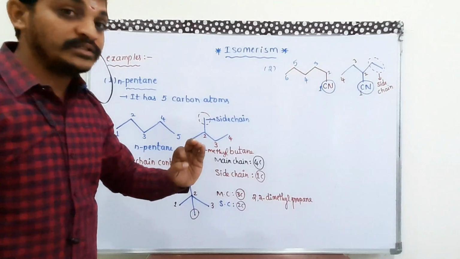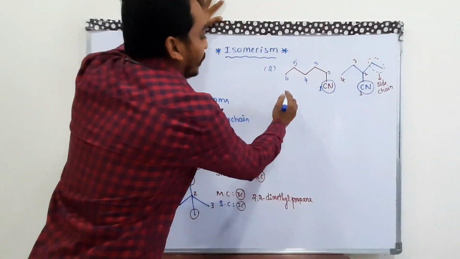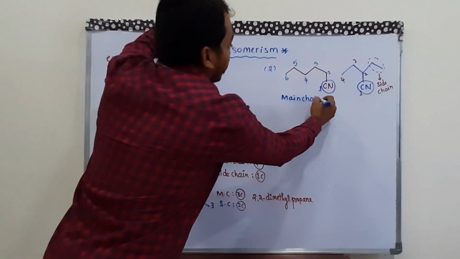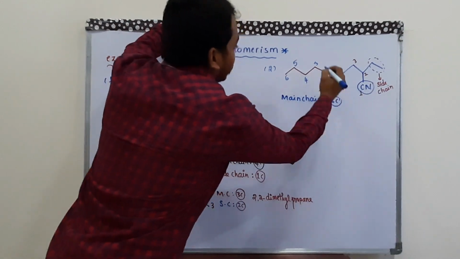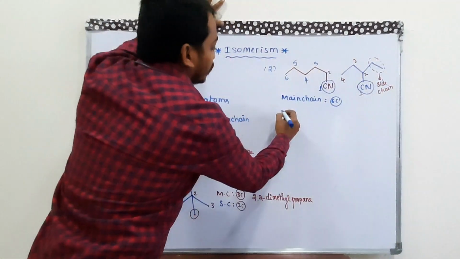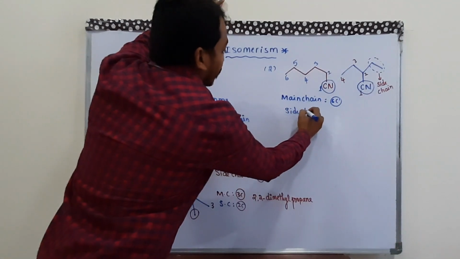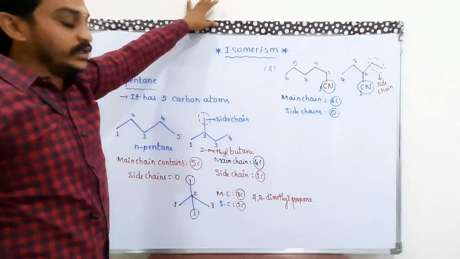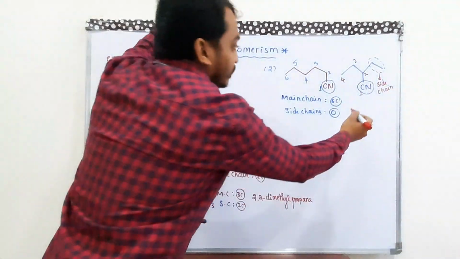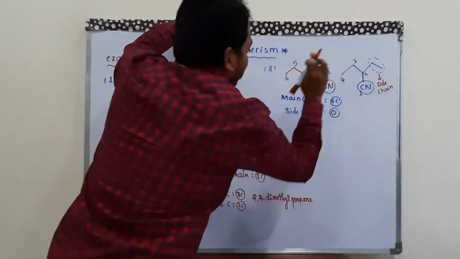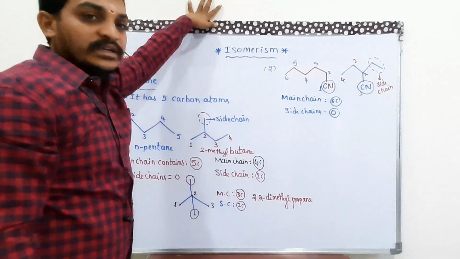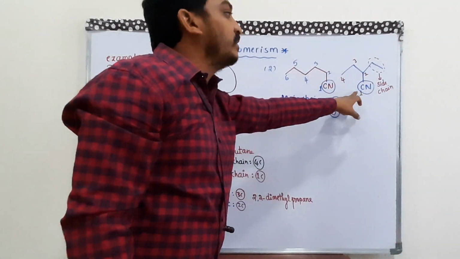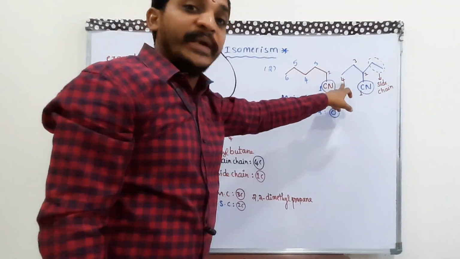But which one is changed? Here the main chain contains 6 carbon atoms, and there are no side chains. In the second case, how many carbon atoms are present in the main chain? This one is the main functional group. It has totally 4 carbon atoms in the main chain.